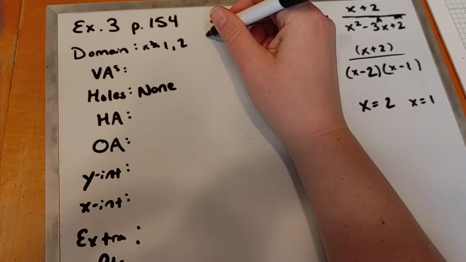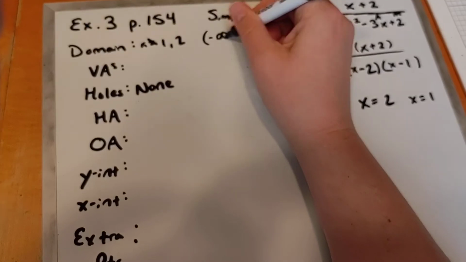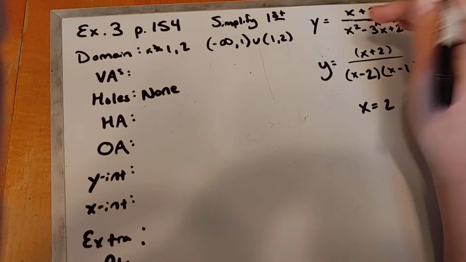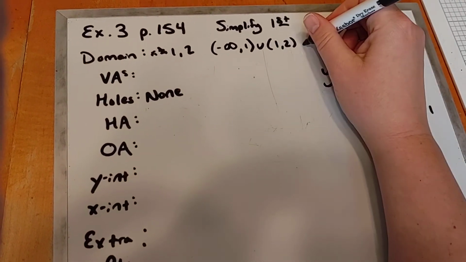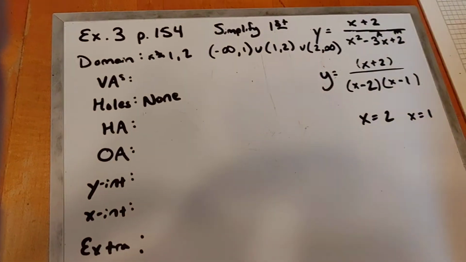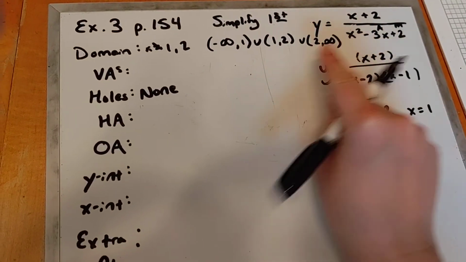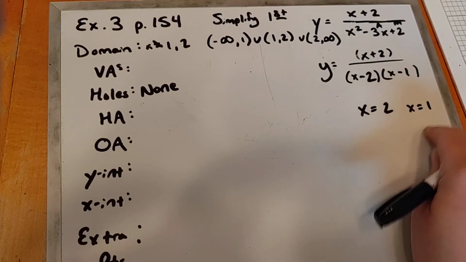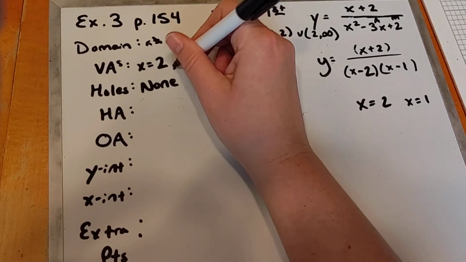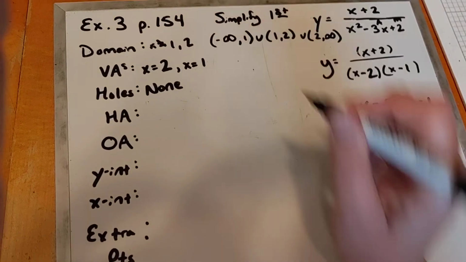Now, if I write that in interval notation, I'm going to go from -infinity up to 1. Then I'm going to go from 1 to 2. And I'm running out of room here, but then I'm going to go from 2 to infinity. There's my domain. Now, vertical asymptotes occur at both of these spots since there were no holes. Vertical asymptote at x equals 2 and at x equals 1.